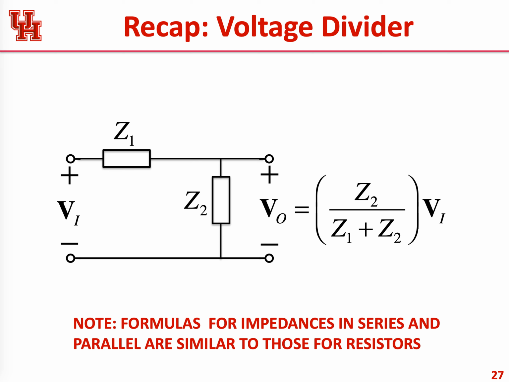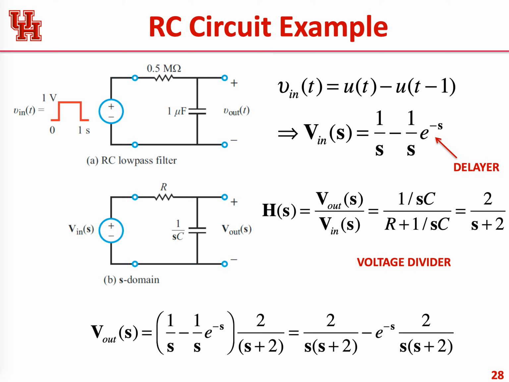So in other words, the voltage divider formula also works with the impedances. So we can use this now to reapproach our RC circuit example. A good old circuit example that keeps coming back at us all the time.